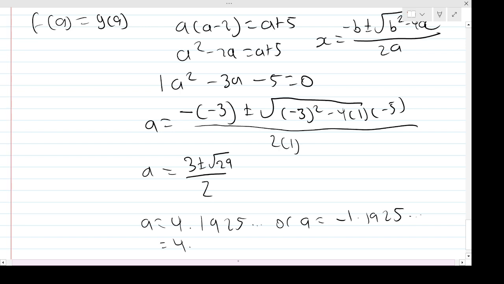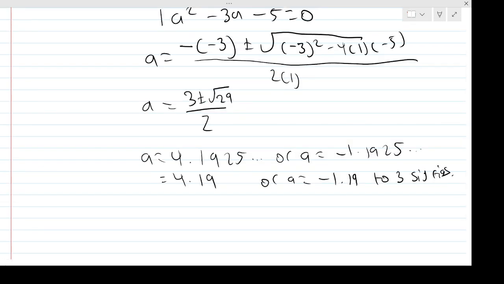So that's going to be 4.19, but the next digit means we do not round up, so we leave it at 4.19, or a is minus 1.19 to 3 sig figs, and there we are.